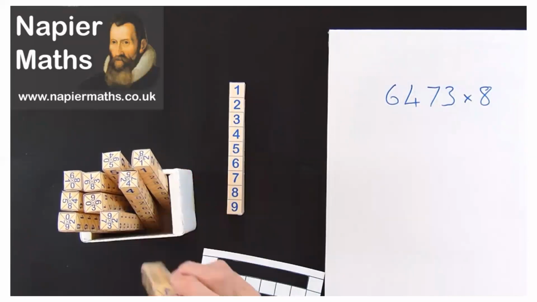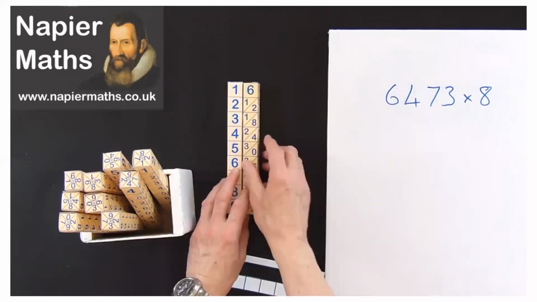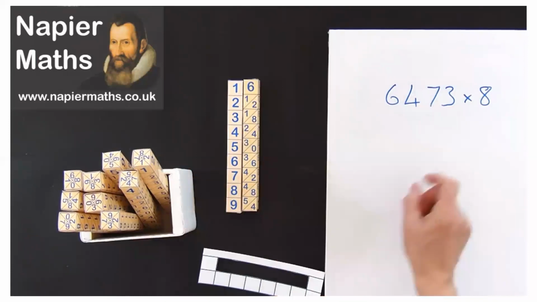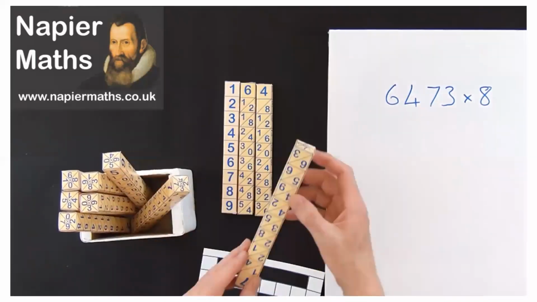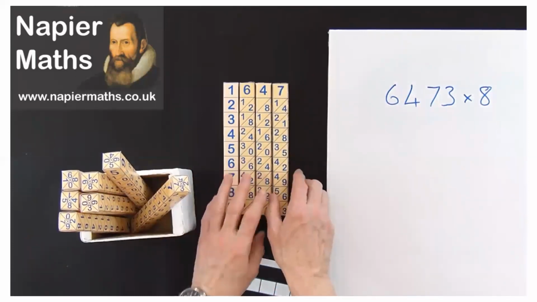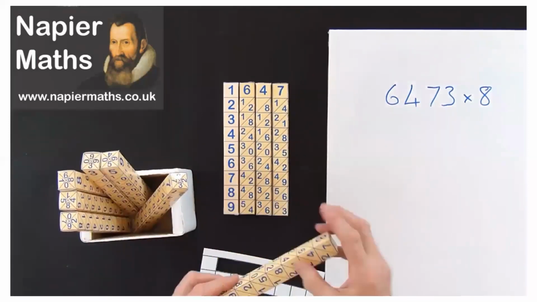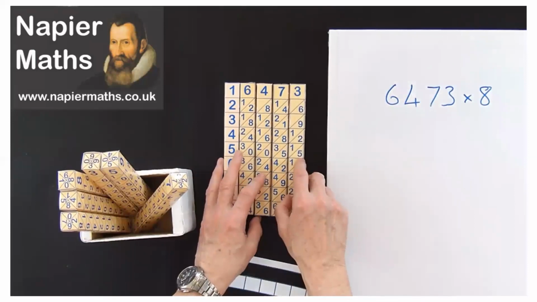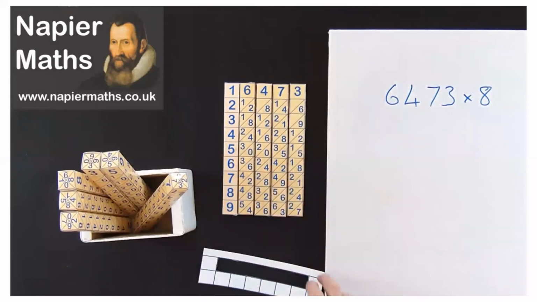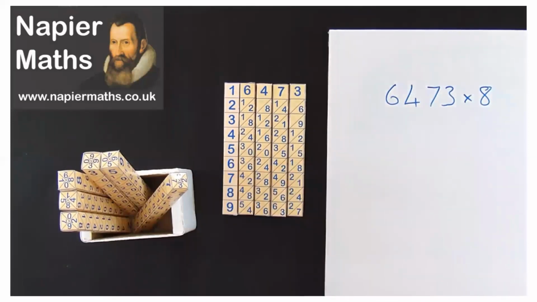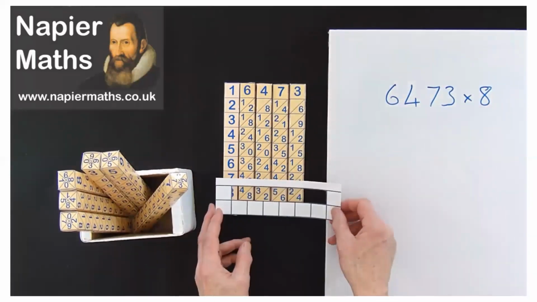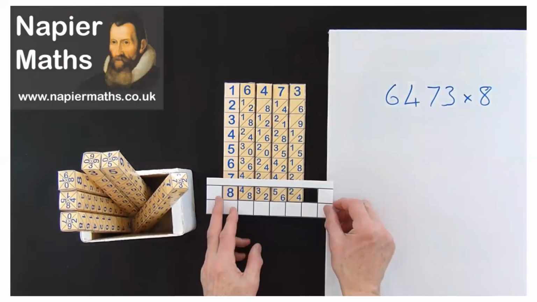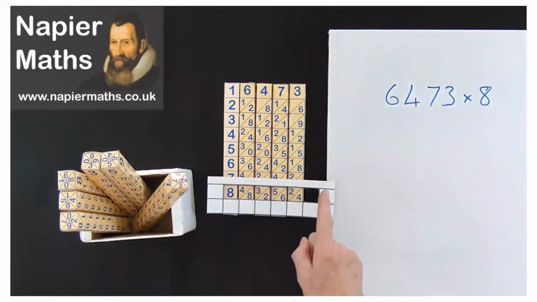We need a 6, a 4, a 7, and a 3. And all we need to do now is take our answer grid, and we're multiplying by 8. So we put it on at 8. And then we move down the diagonals and we get our answer.